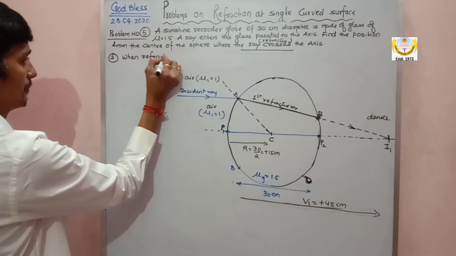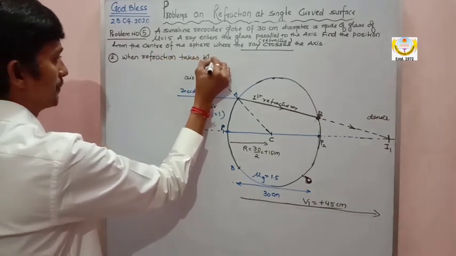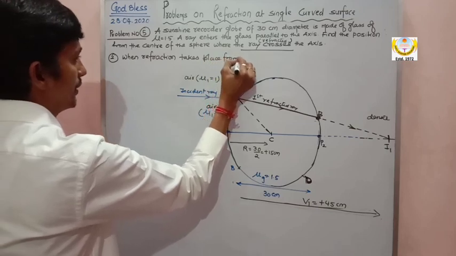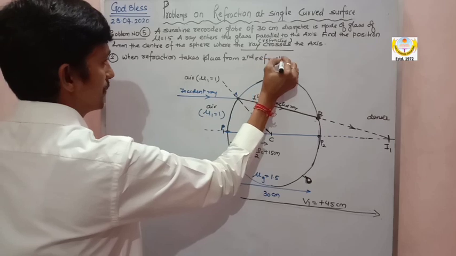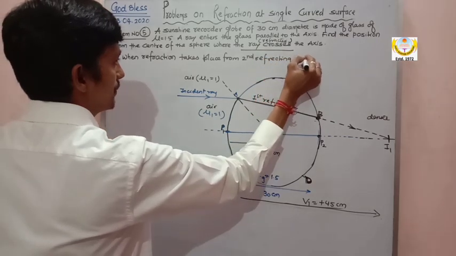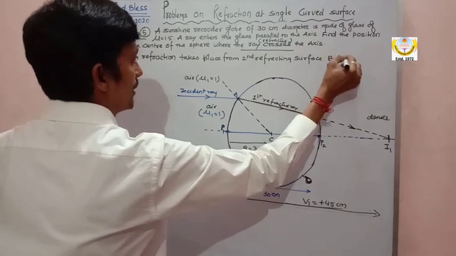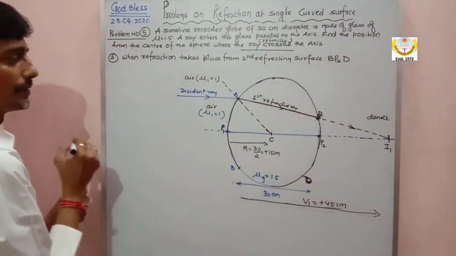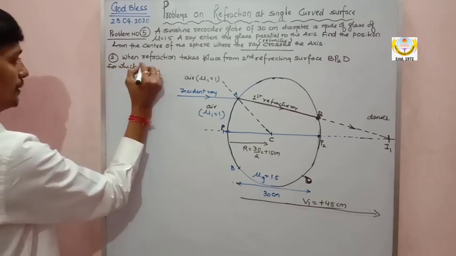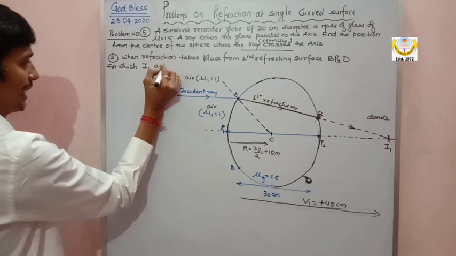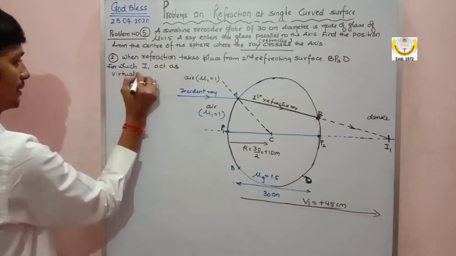So now here I will write the second point: when refraction takes place from the second refracting surface BP2D, for which I1 acts as a virtual object.